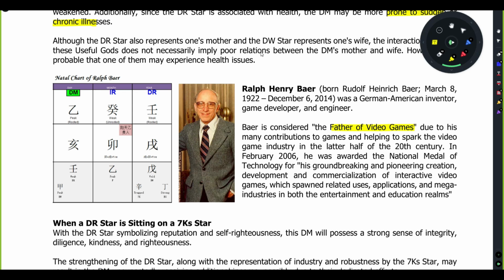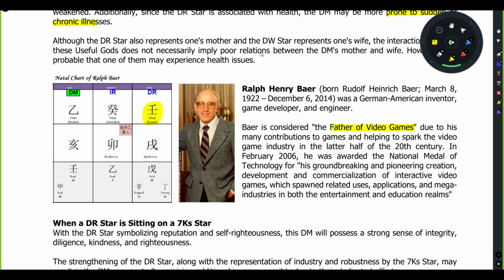This is a very strong Day Master. And we also have Run Water as the direct resource. It is rooted, therefore reasonably strong. So we have a strong Day Master and a strong direct resource.